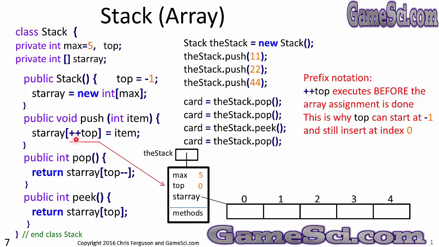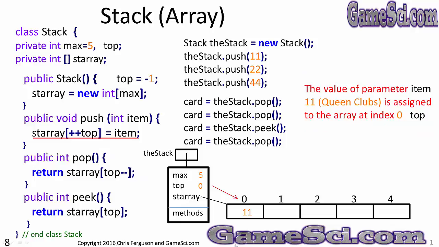When the ++ occurs before the variable, it says do +1 first. This is why top can start at -1 and still insert at index 0. So you can see clearly that my top that started at -1 changed to 0 first. After it changes to 0, then I'll do the full array assignment.